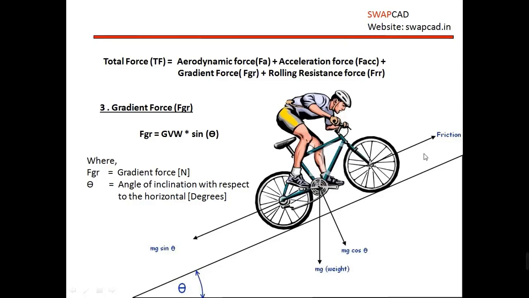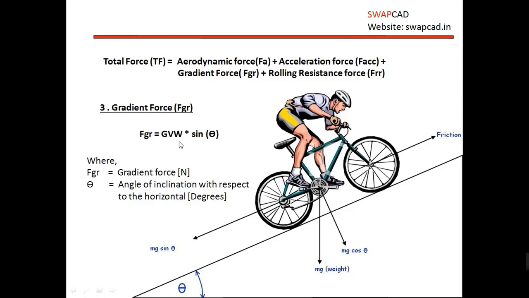And if it is moving in a hilly area or on a slope, it will have two components. First will be your mg cos theta and next will be your mg sin theta, which will be opposing the motion of the bike. So that is your gradient force, which is given by gross vehicle weight into sine theta.